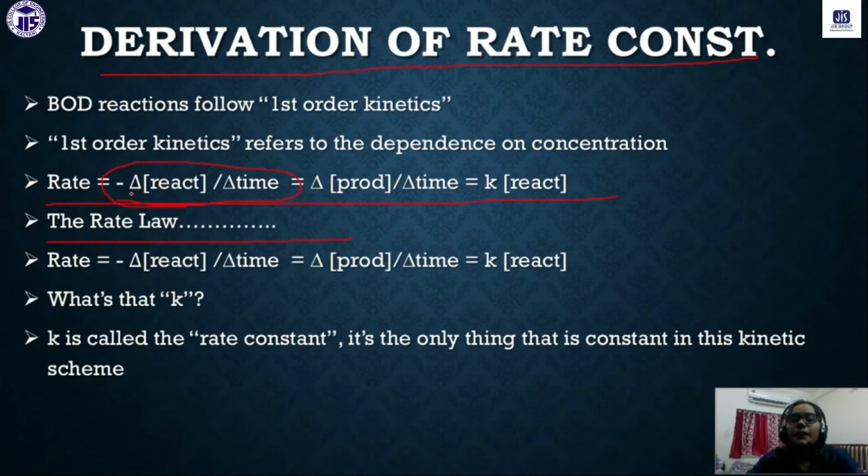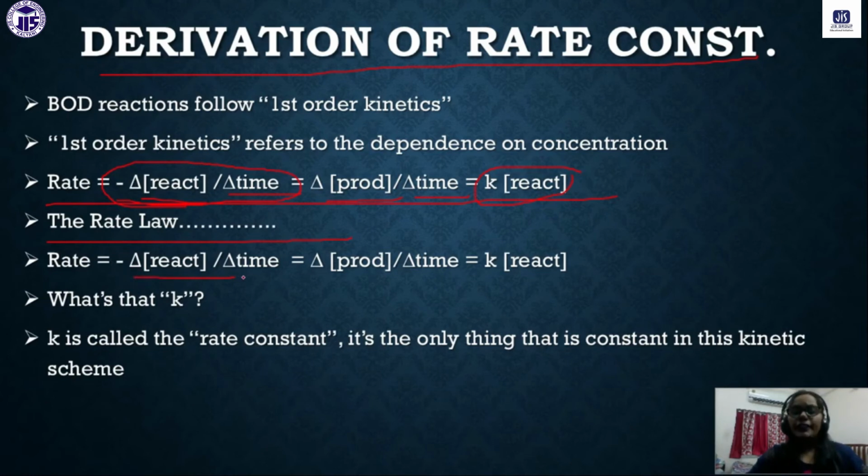First, look here: the delta reactant concentration divided by delta time, that is delta product concentration by delta time, is equal to K. So the change of reactant concentration with respect to time, or the change of product concentration with respect to time, or the formation of product per unit time, is proportional to the reactant concentration. Okay, so this is the rate law.